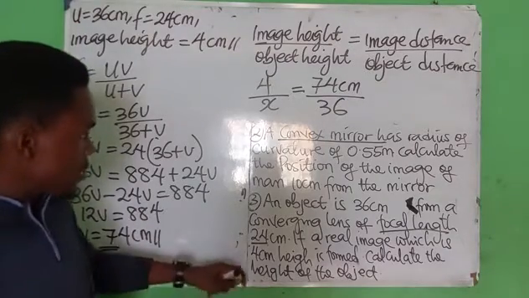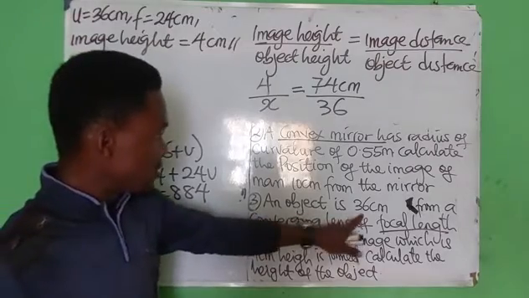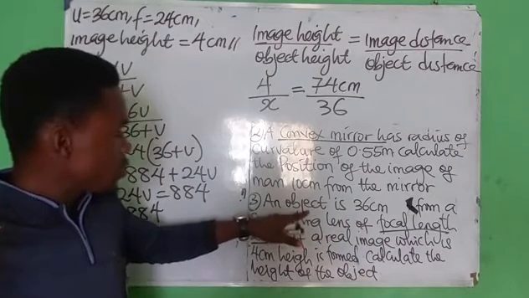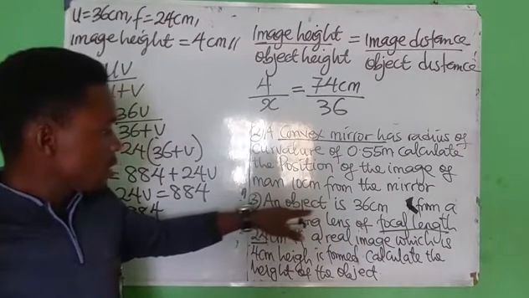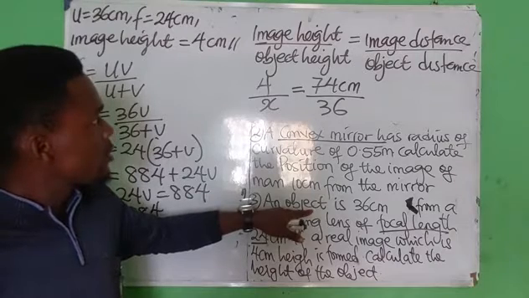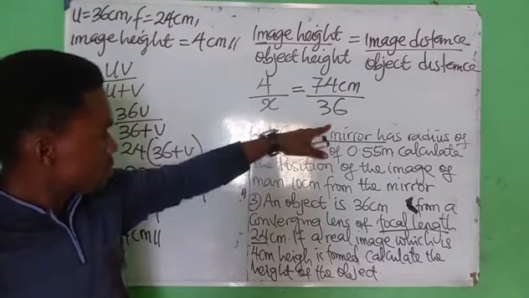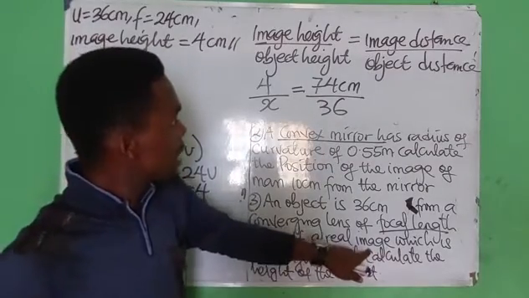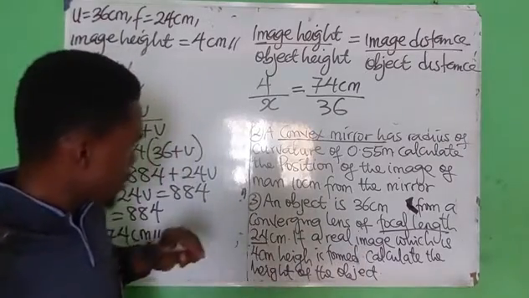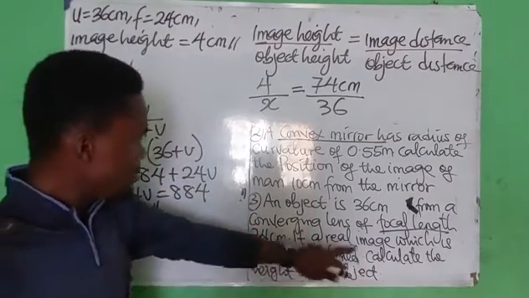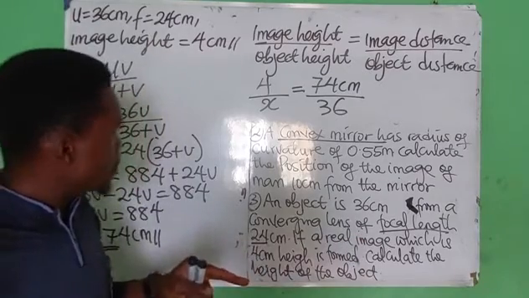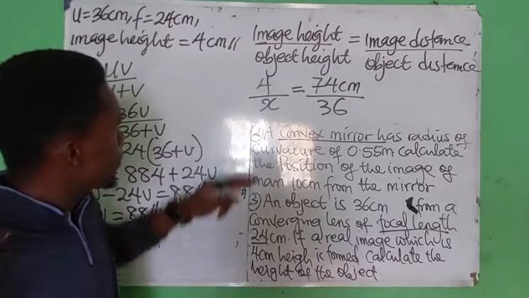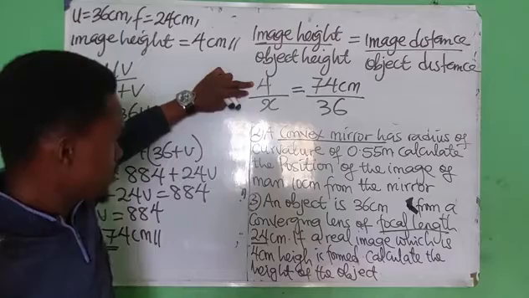Let's take it again. An object is 36 centimeters from a converging lens, so this one is the object's distance, which is 36.